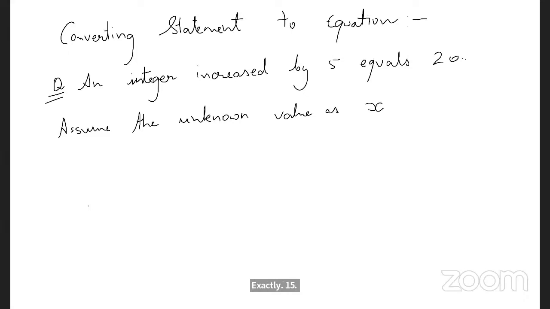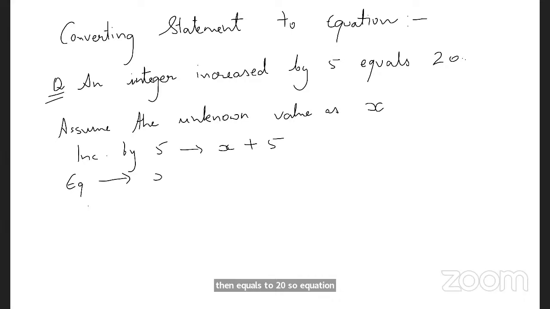Okay, so we've assumed the unknown value as x. Now, increased by 5, it will become x plus 5. Then equals to 20. So the equation will become x plus 5 equals to 20.